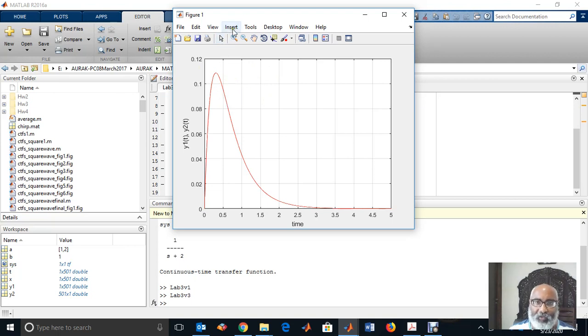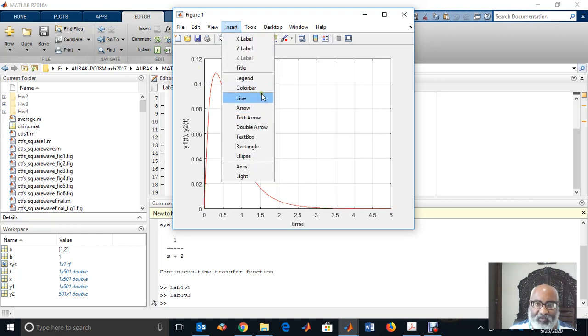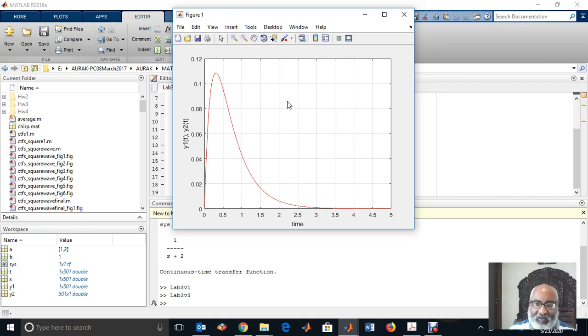How do you know? If we say legend, for example, insert legend, I should have two data, one for the black, one for the red color. It's a little slow, the MATLAB on my laptop here. So I have here, you see, black data 1, which is the theory, and red is the simulation.